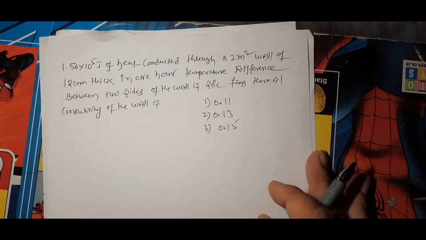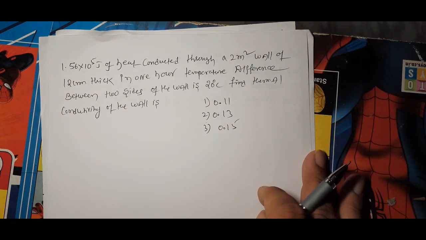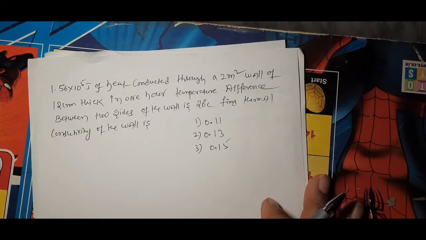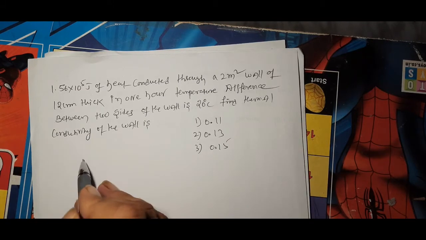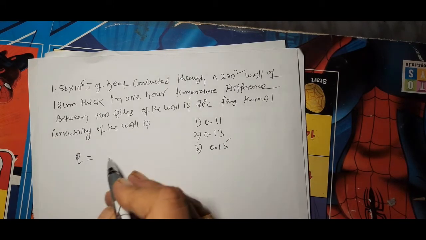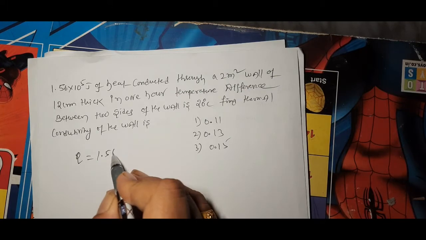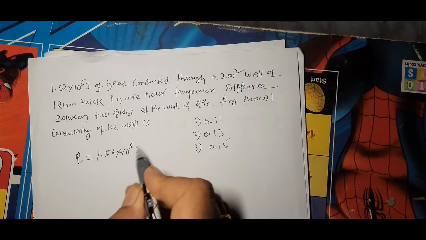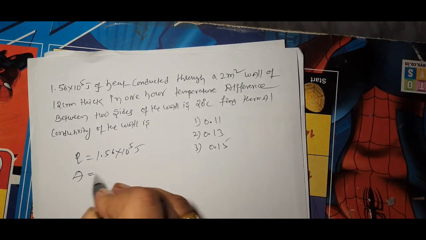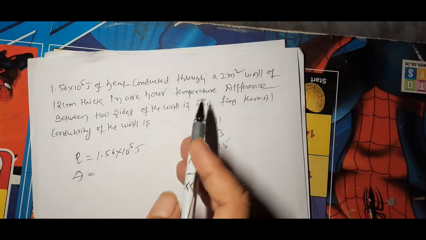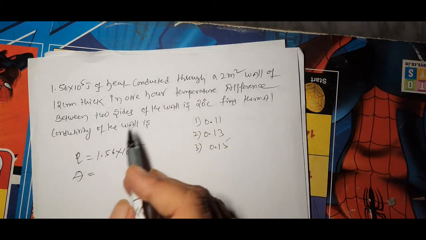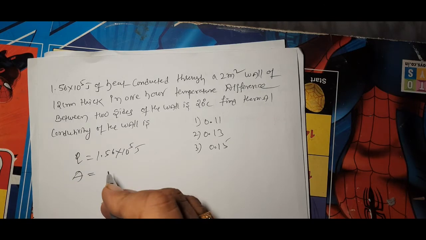So, what they given here, how much amount of heat is supplied? Q is equal to 1.56 into 10 to the power of 5 joules, conducted through a 2 meter square wall of 12 centimeters thickness.